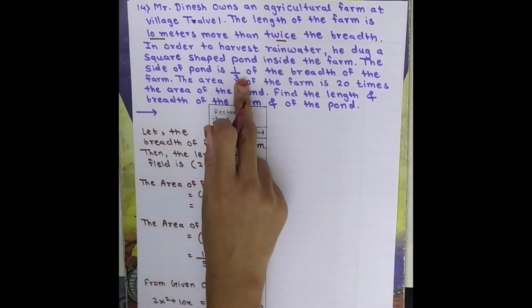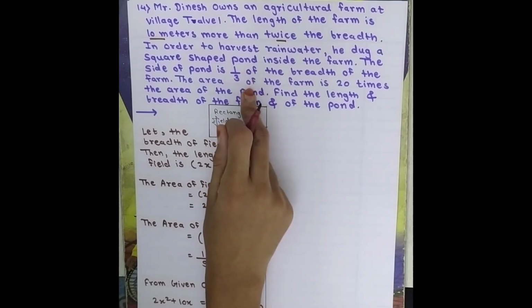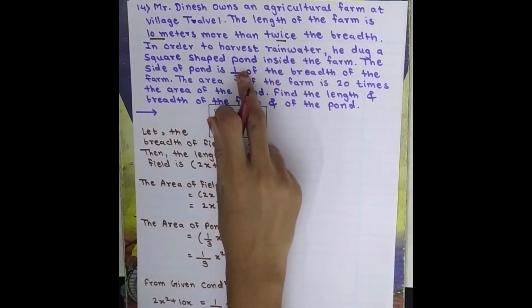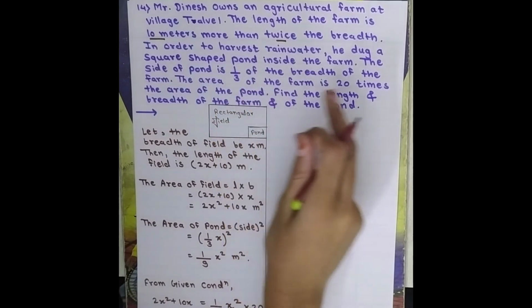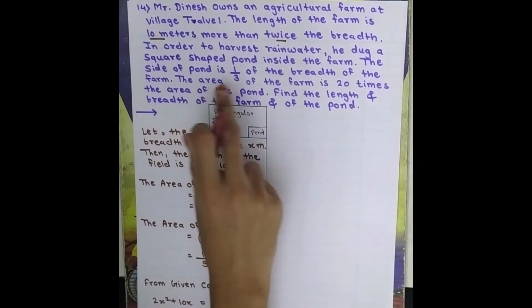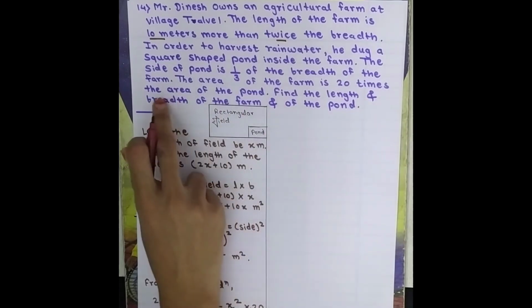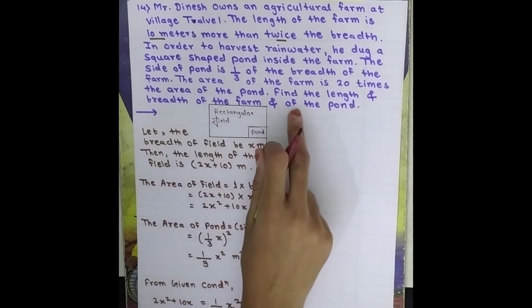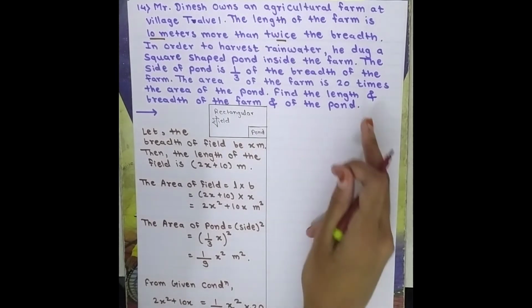The area of the farm is 20 times the area of the pond. Find the length and the breadth of the farm and of the pond.